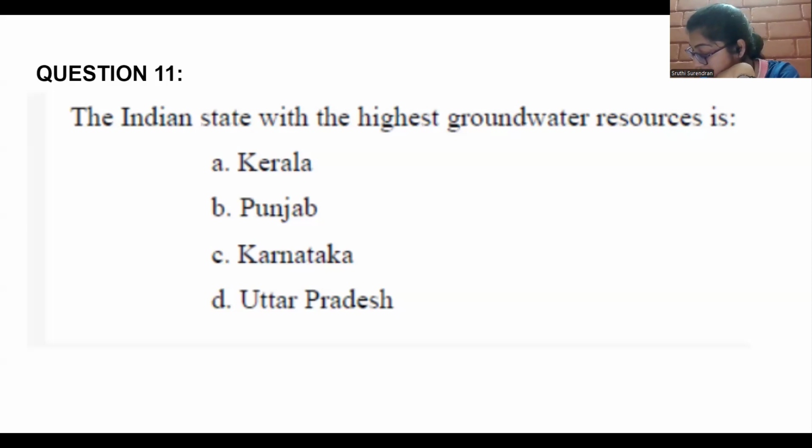Vishal is also saying it's Uttar Pradesh, Uma Karnataka, Navdeep. Okay, one more Karnataka. So one Kerala, lots of Uttar Pradesh, and two Karnataka. Let's see who has got the right answer.